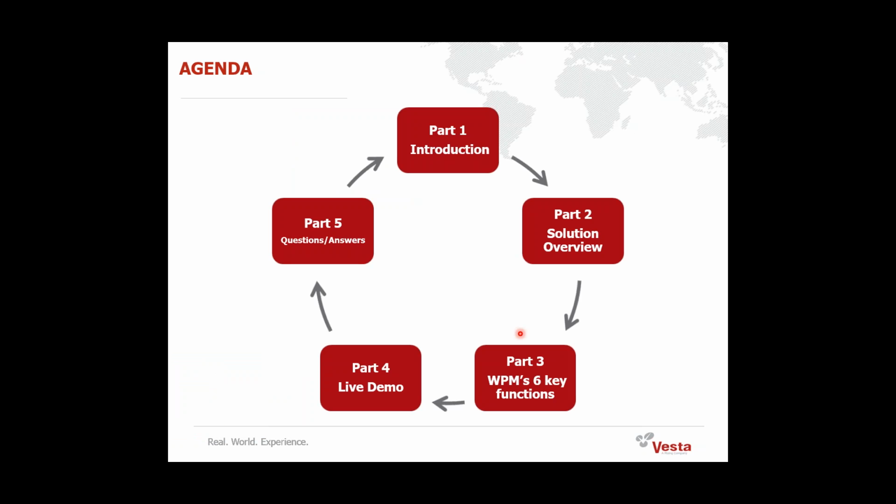Then in part three, you will discover the 6 key functions that make SAP Work Permit Management the best choice to cover your plant safety requirements. In part 4, you will follow an end-to-end demo in SAP, and we will end the session with the QA.